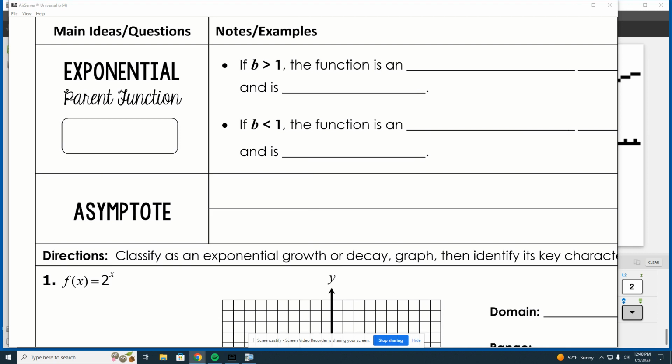That's an exponent, but it's not an exponential function. What makes something an exponential function? A quadratic has an exponent, not exponential. A cubic function has an exponent, but it's not an exponential function. What is the key that makes something an exponential function?